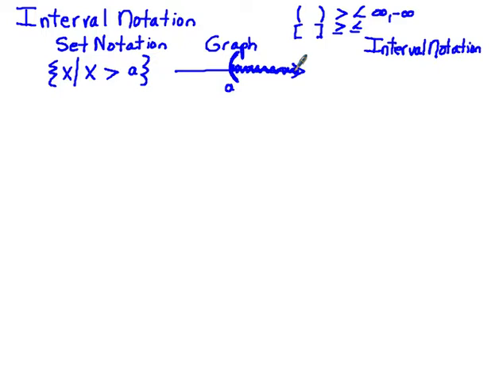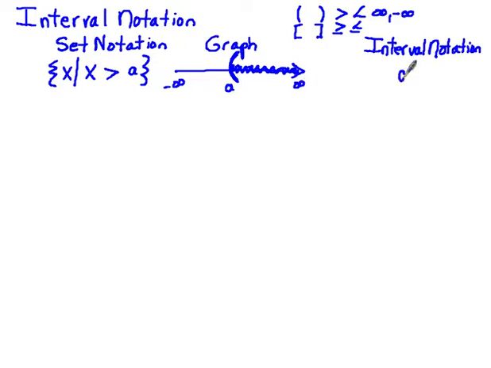Now, if you think about the number line and you read from left to right, the number line starts down here at negative infinity and it goes all the way to infinity. So the way that looks in terms of interval notation is that you're reading your graph from left to right. So where does my graph start?